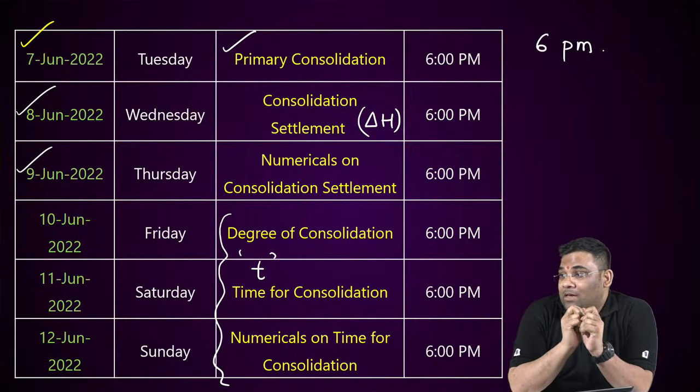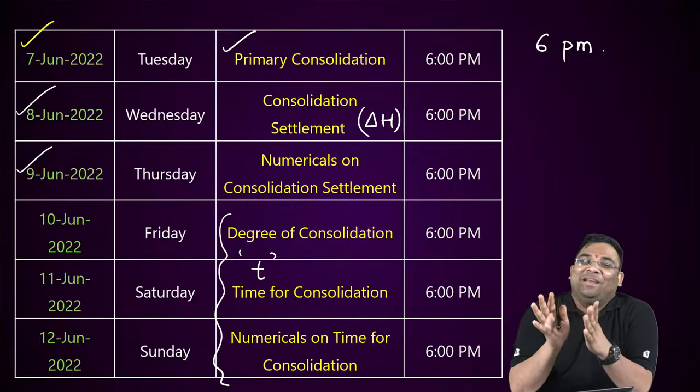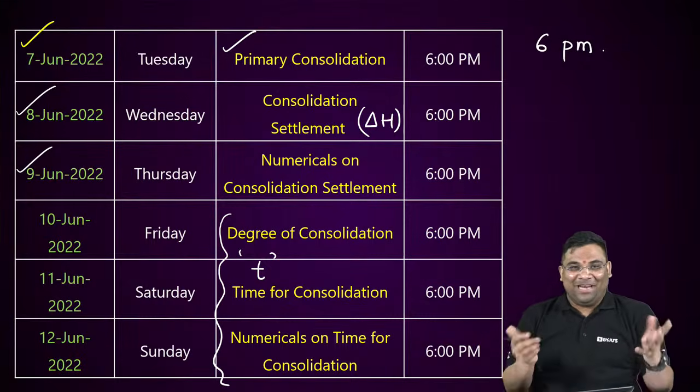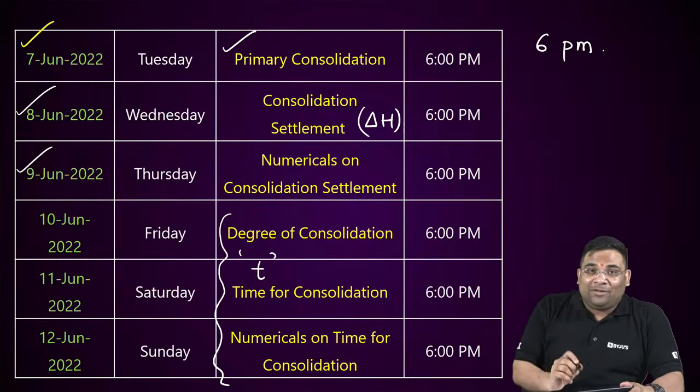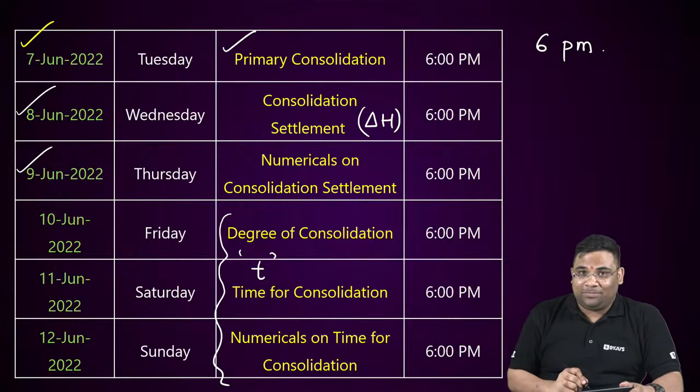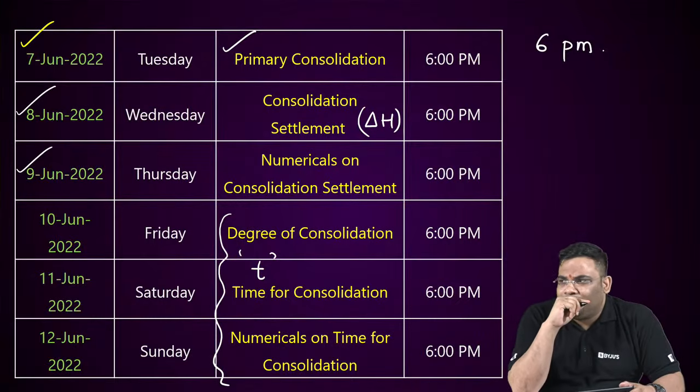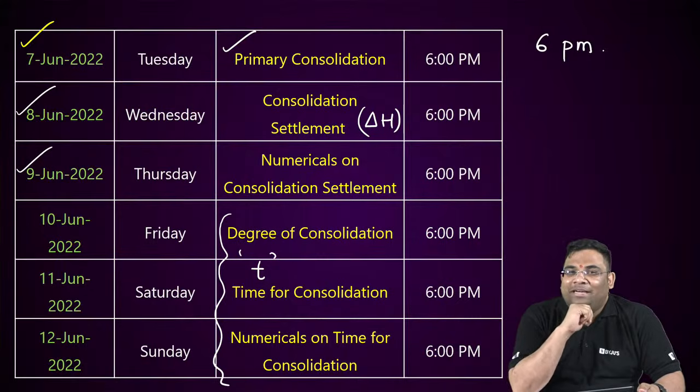Primary consolidation, that is true, but don't give me the name of the lecture, that I also know. In that primary consolidation, what am I going to teach? The settlement or time taken for the settlement? Or the process? I will give you three options: process, the amount of settlement, time taken for settlement. Tell me which one.